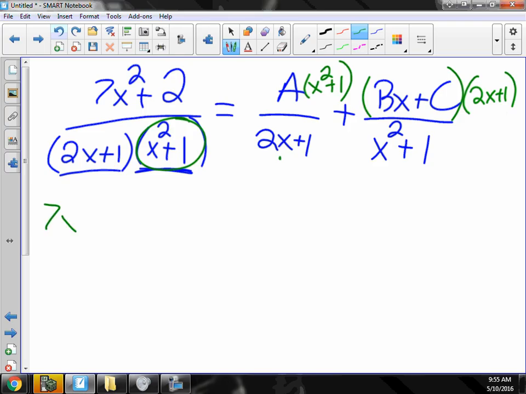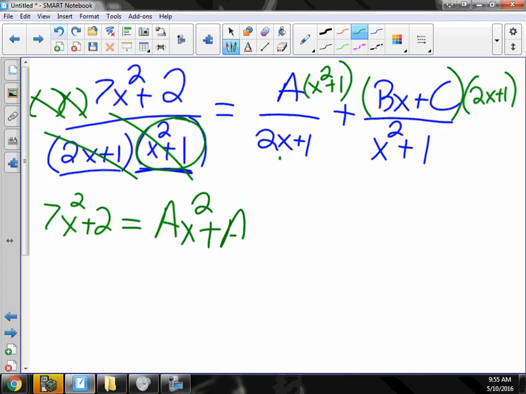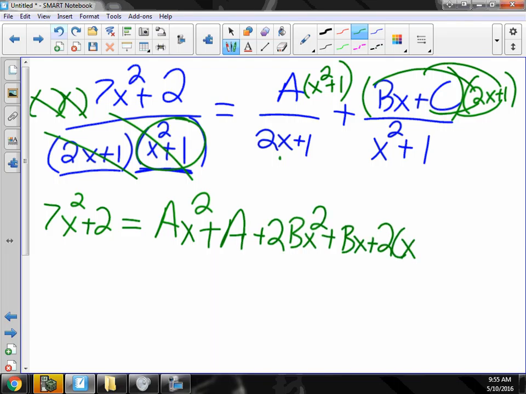So 7x plus 2, and again, each of those are going to cancel when I bring in those. 7x squared plus 2. So that's Ax squared plus A, and then I have to distribute all of that, which is 2Bx squared plus Bx plus 2Cx plus C. And now the original numerator is missing the x term.